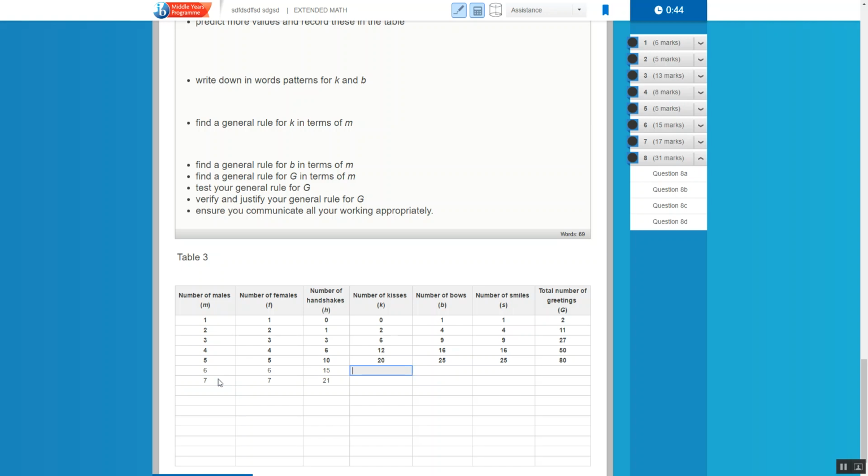The number of kisses, let's see, so that's going up by 2, by 4, then by 6, then by 8, then by 10, then by 12. This is looking like again a quadratic, but more specifically, it looks like 1 squared, 2 squared, 3 squared, 4 squared, 5 squared, 6 squared, 7 squared.